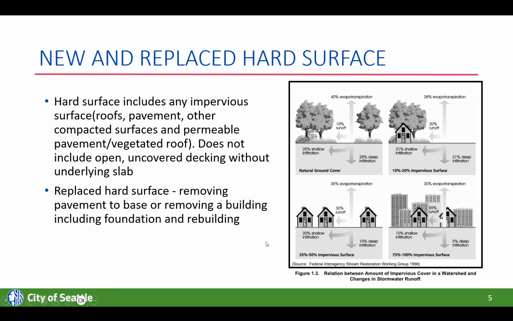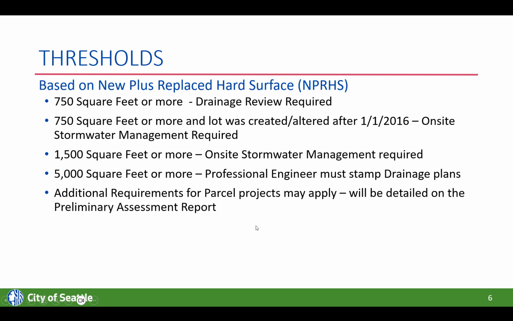I'm going to reiterate this throughout the presentation, but if you ever have any questions about your project, whether it's considered new or replaced hard surface, please do not hesitate to contact us directly. Every project varies.